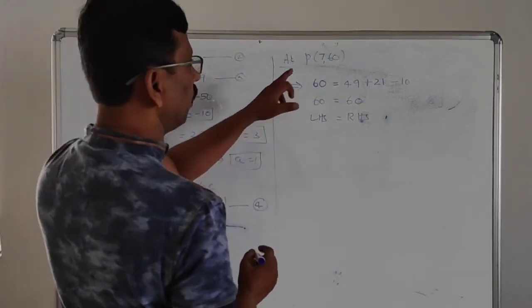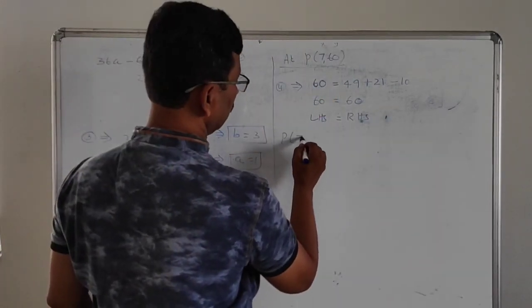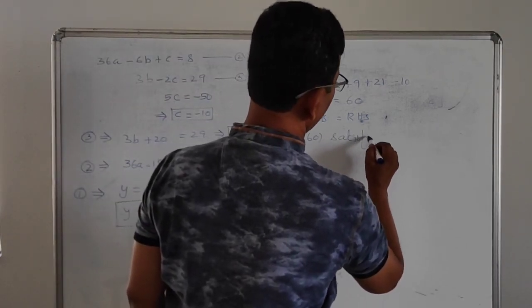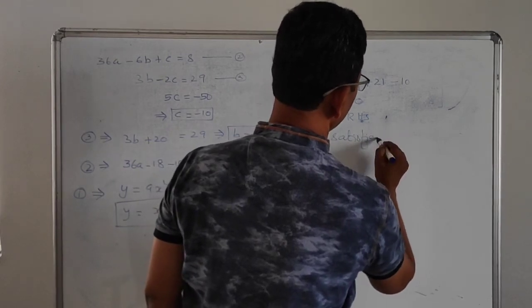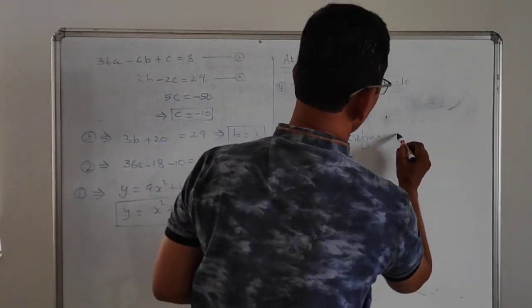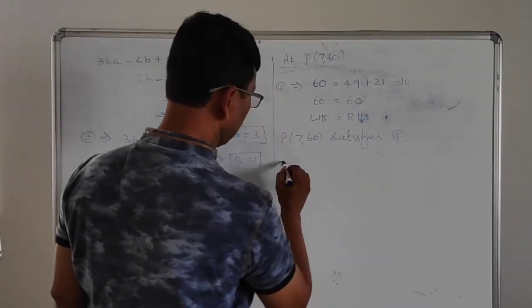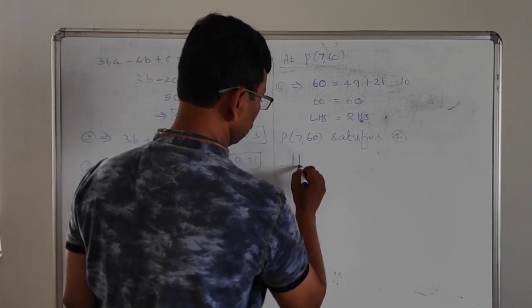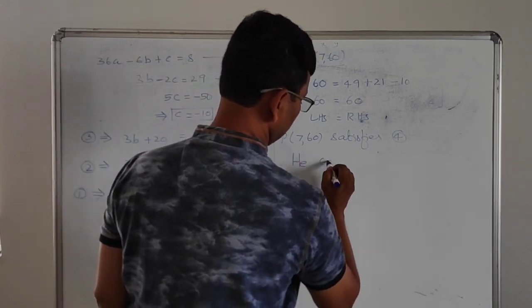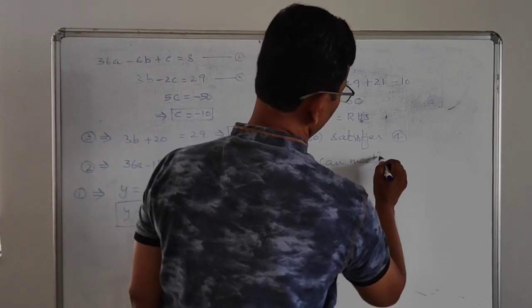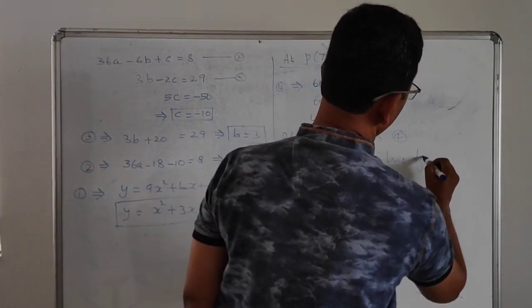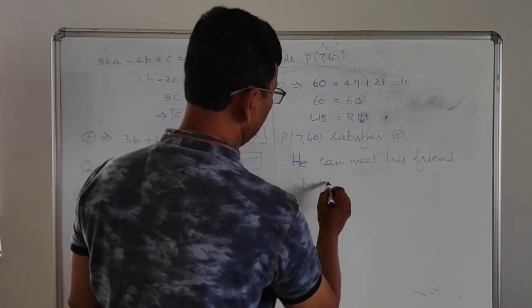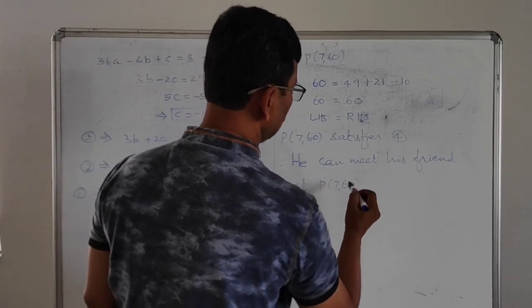Therefore, you can say this point P(7, 60) satisfies the equation number 4. Therefore, we can say he can meet his friend at the point P(7, 60).